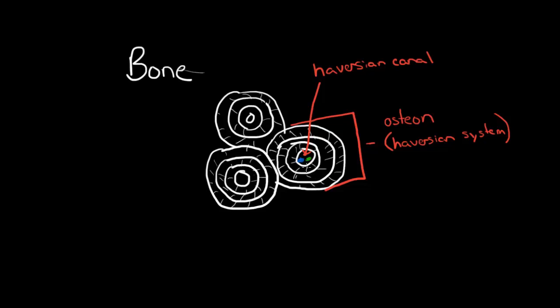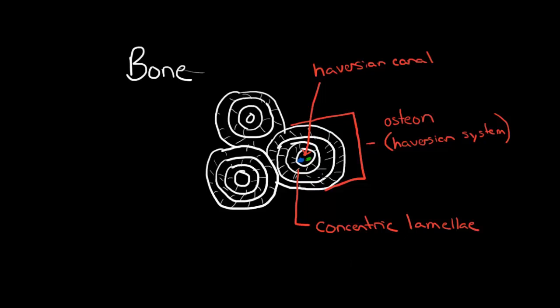And the orientation of these layers around the Haversian canal is important for adding strength to bone as well. Now we call each one of these rings concentric, like concentric rings, rings inside of rings inside of rings. We call those concentric lamellae. Lamellae is plural, L-A-M-E-L-L-A-E. Singular, we would just drop the E. It would be a lamella. Okay, so those are the rings.